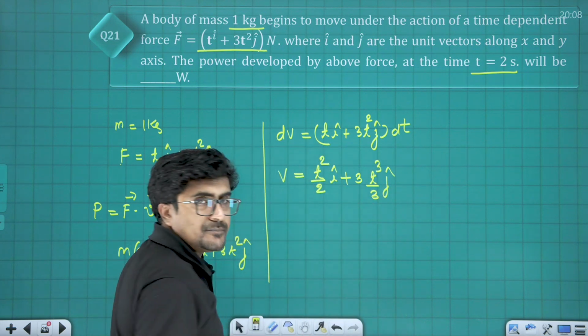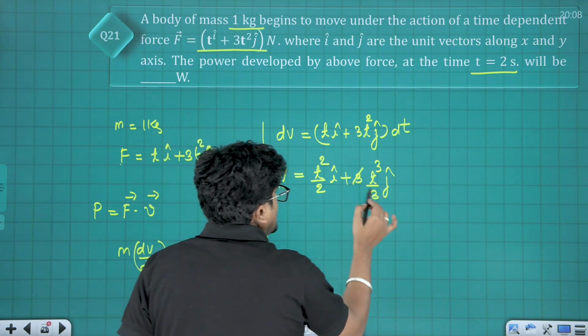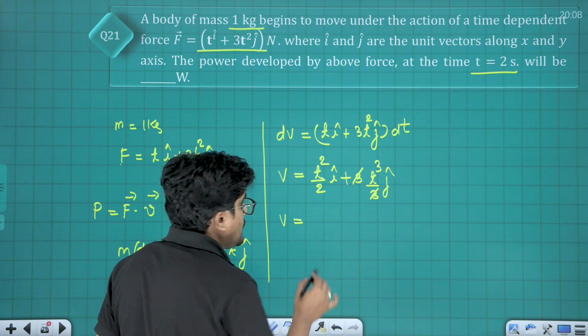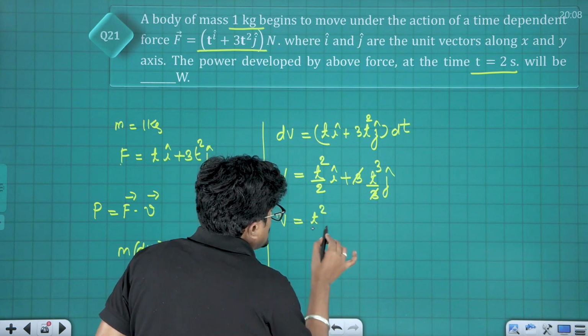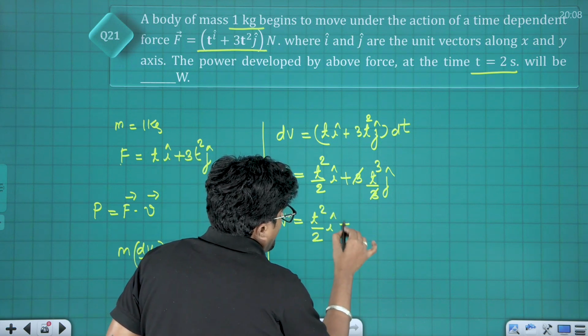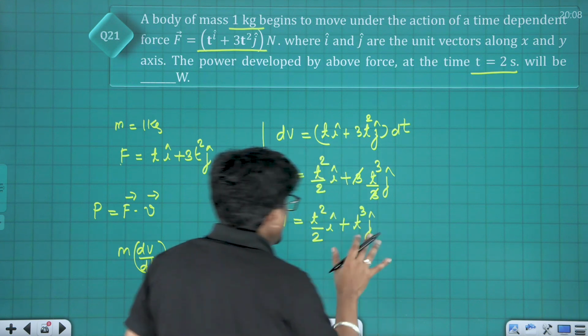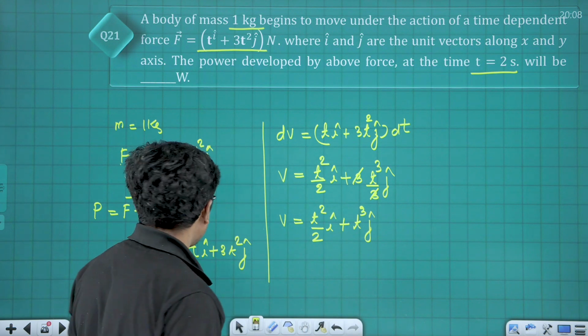This is going to be the velocity. Okay, so definitely the 3s will cancel each other. So now I got velocity in the vector form as t square by 2 i cap plus t cube j cap. That is the velocity vector.